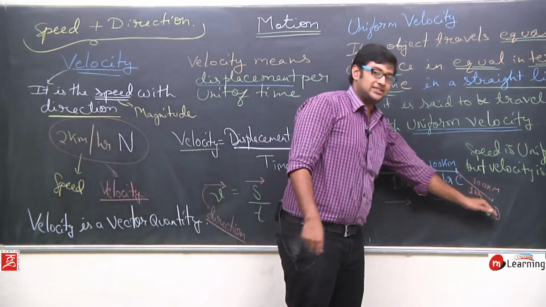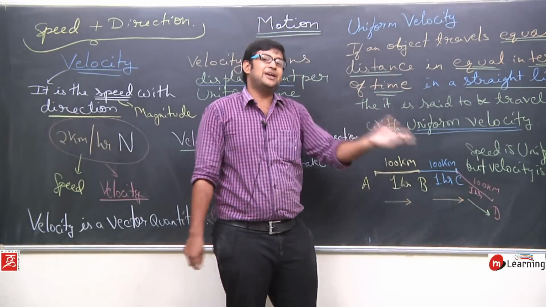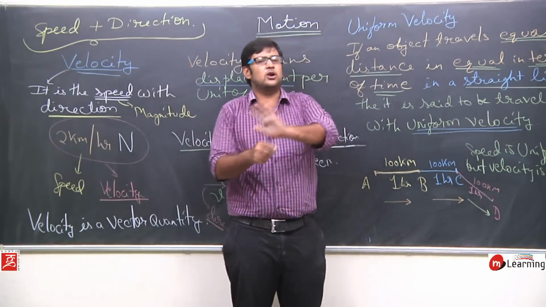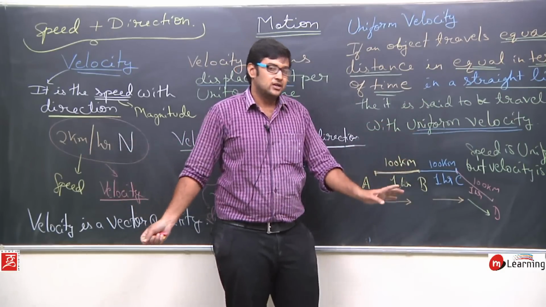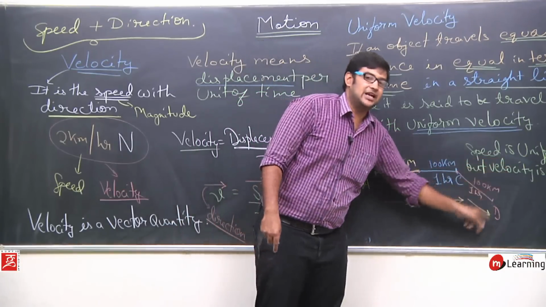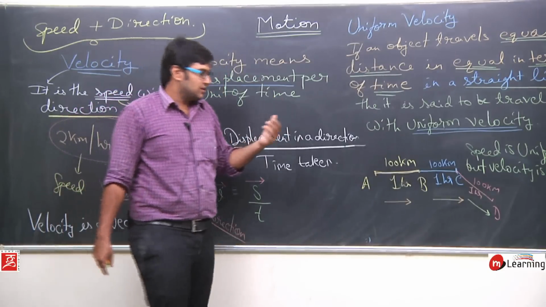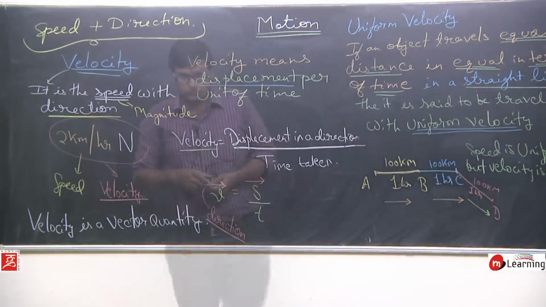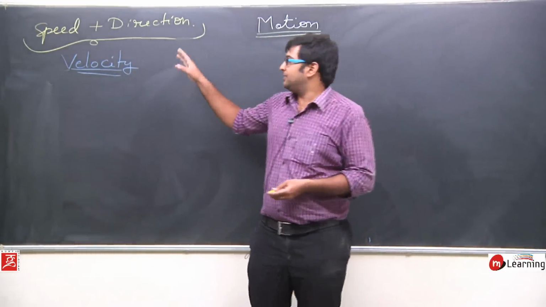Speed can be uniform because speed has no connection with direction, it can be in any direction, it does not matter. In speed we just considered distance and time, that's it. So this is how velocity is defined. So first you note this, then we will understand velocity in much more detail. So we define velocity as speed plus direction.